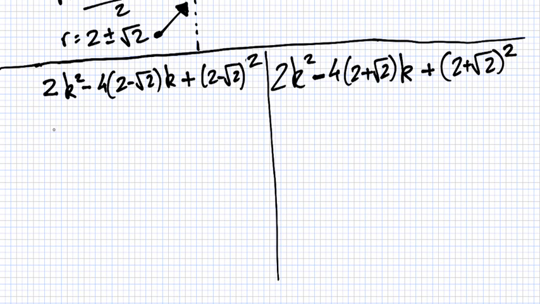Okay, so here we get k equals minus b plus or minus the square root of b squared minus 4ac. Let's get the calculator.